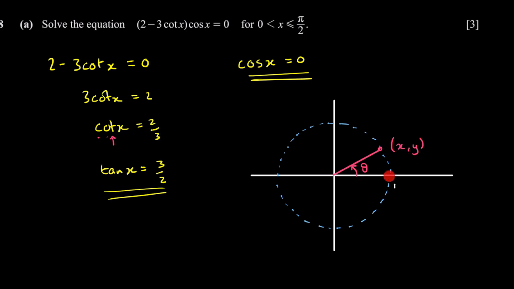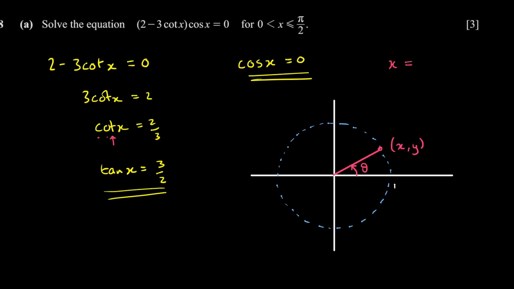So if I imagine that I'm here where the angle is 0, the x-coordinate will be 1 and the y-coordinate will be 0, right? Whereas if I move the angle around to here, so I've got 90 degrees, the x-coordinate will be 0 and the y-coordinate will be 1. So essentially what we can say is that the x and the y coordinates are both functions of the angle, and those functions are what we call sine and cos.